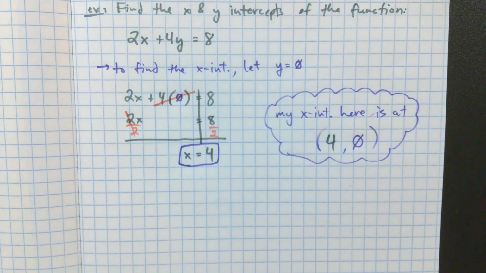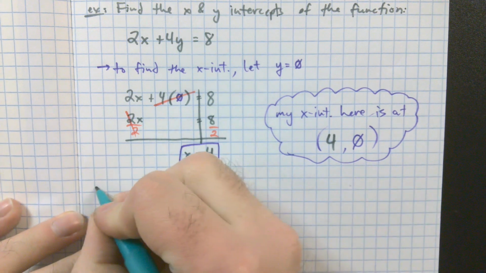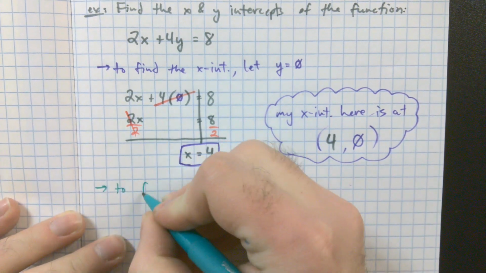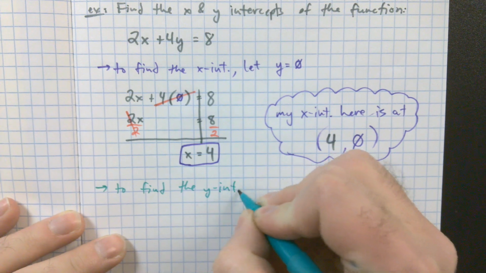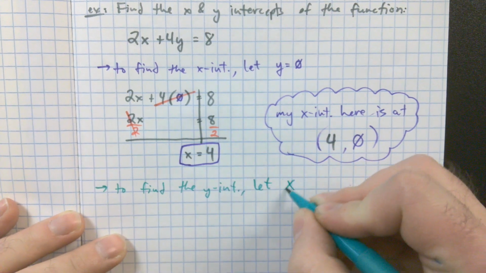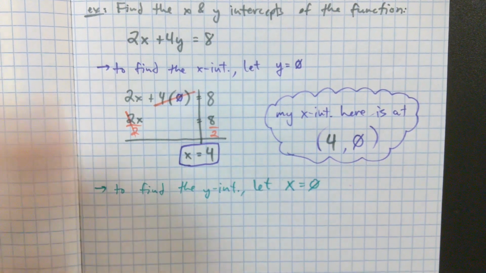We all done? No. What does the question say to do? You have to find the x and y. Find the x and the y intercepts. Well, let's just do the opposite. To find the y intercept, we're going to let x equal 0.